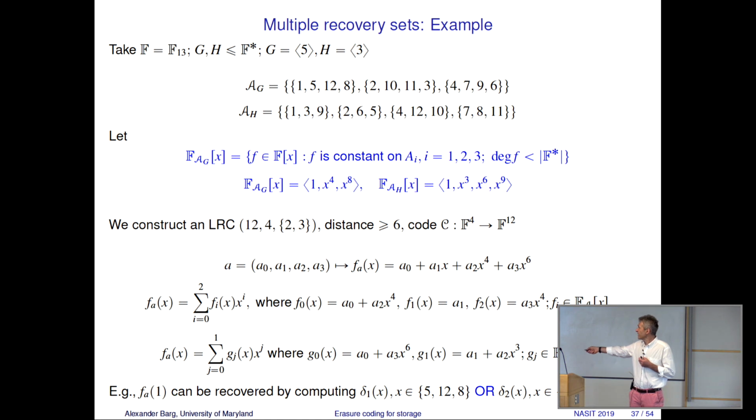So we break 12 into 3 groups of size 4 and 4 groups of size 3. And let us say 1 is lost. Then we can recover 1 from 5, 12, and 8, or from 3 and 9. So we can serve twice as many customers as before, because we have non-overlapping repair groups. And this is the details of the calculation: interpolating two different low-degree polynomials, delta 1 and delta 2, through the non-overlapping repair groups.